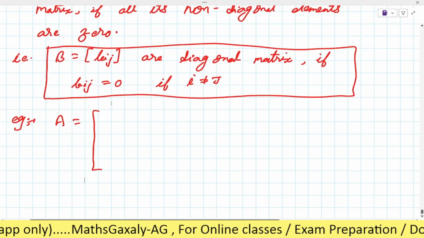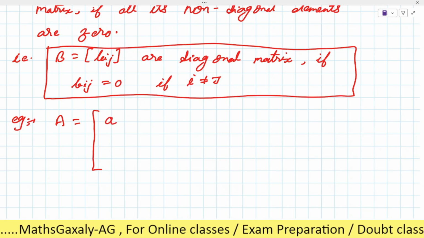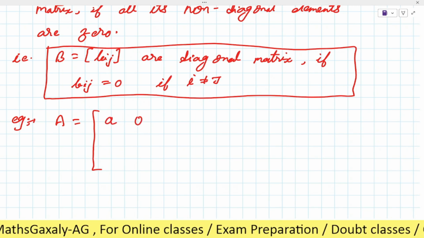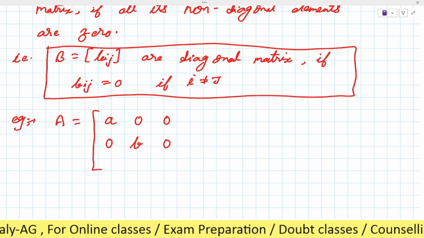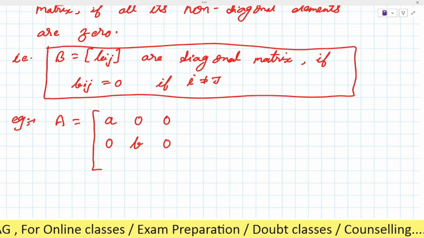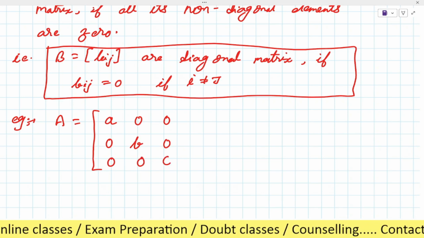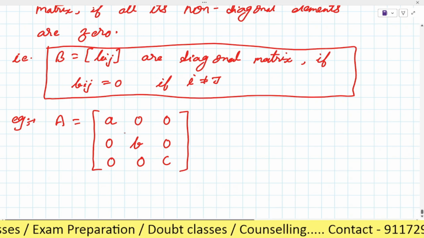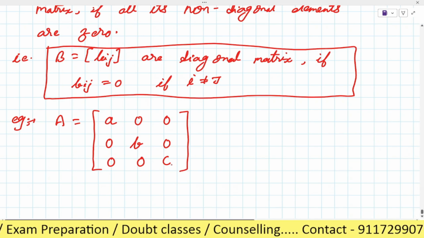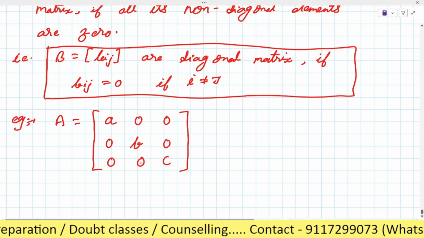As an example, suppose we have a matrix A whose elements are A, 0, 0, 0, B, 0, 0, 0, C. As you can see here, the diagonal elements are non-zero elements and the non-diagonal elements are 0.